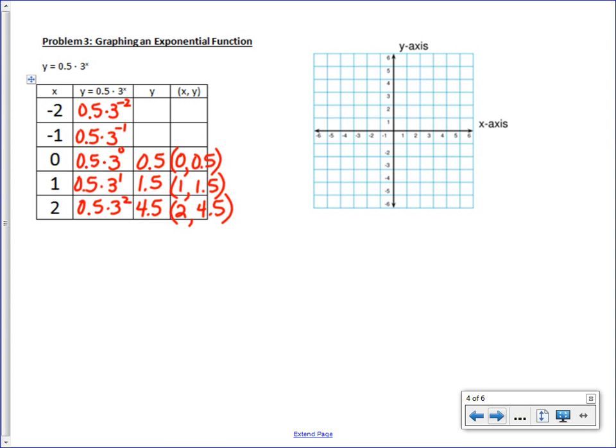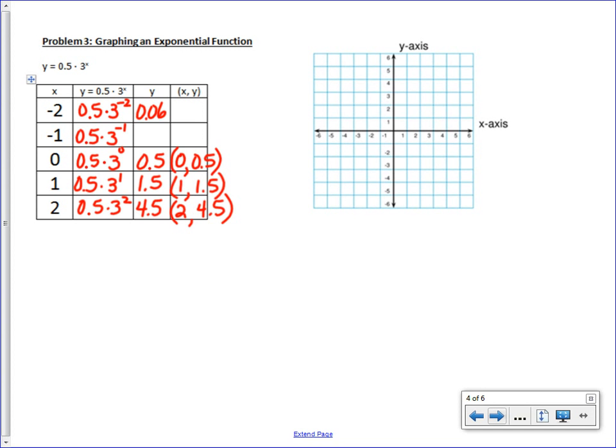All right, so let's get our calculators and evaluate the others. We have 0.5 times 3 raised to the negative 2 power, and we're going to round this off. We get 0.0, we'll just round it up to 0.06.